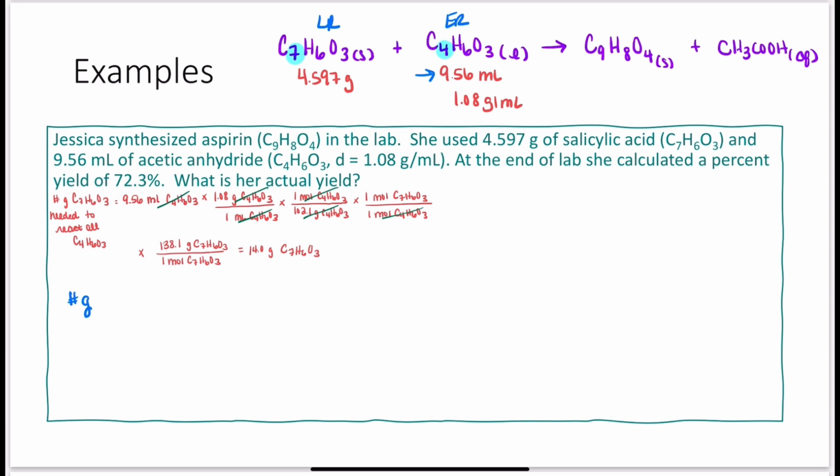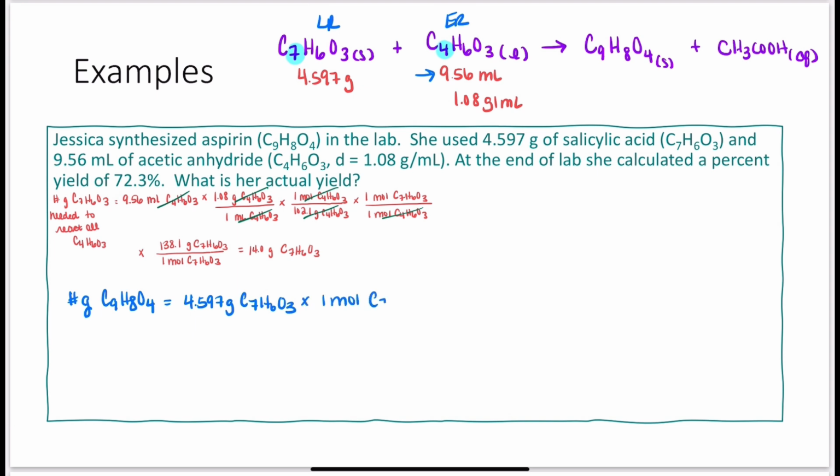So the number of grams of the acetylsalicylic acid I can make, or the aspirin, C9H8O4, is dependent upon the amount of salicylic acid reacted. 4.597 grams C7H6O3.